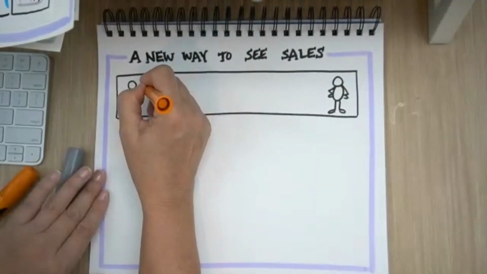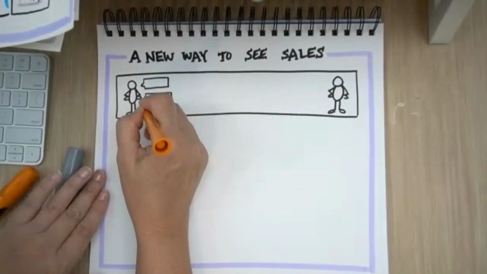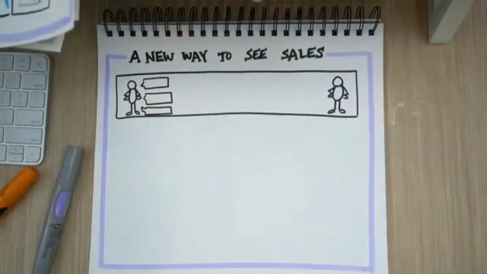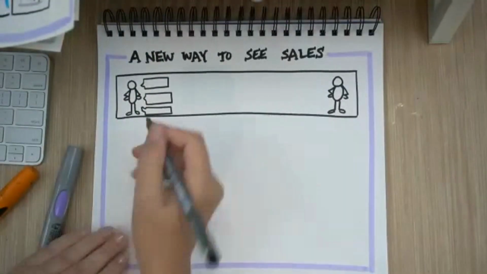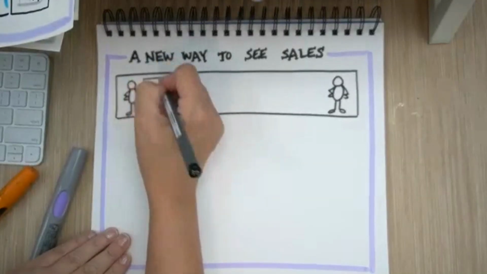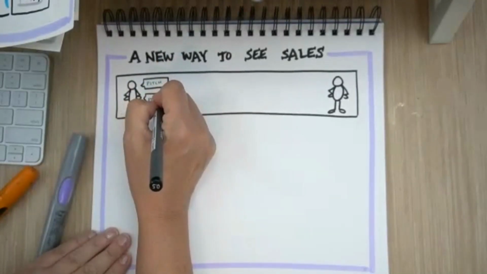And with you, what's typically done in sales, we're going to draw a couple of these thought bubbles coming up our little salesperson. What's typically done in sales is we try and pitch our idea. We try and persuade.